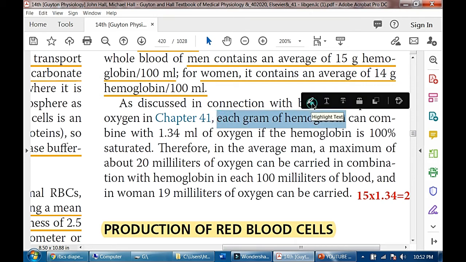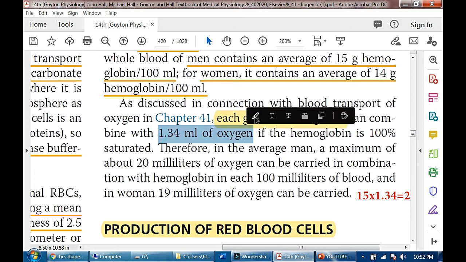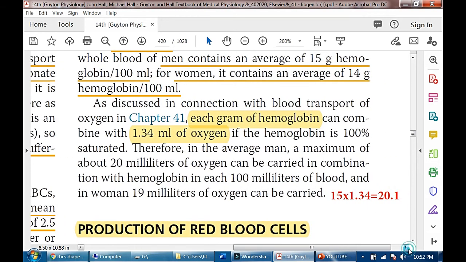It means that 1 gram hemoglobin combines with 1.34 ml of oxygen if the hemoglobin is 100% saturated. What does 100% saturated mean? Hemoglobin is attached with the red blood cells, and there are some attachment points. If the hemoglobin combines with all those attachment points, it is called 100% saturated.